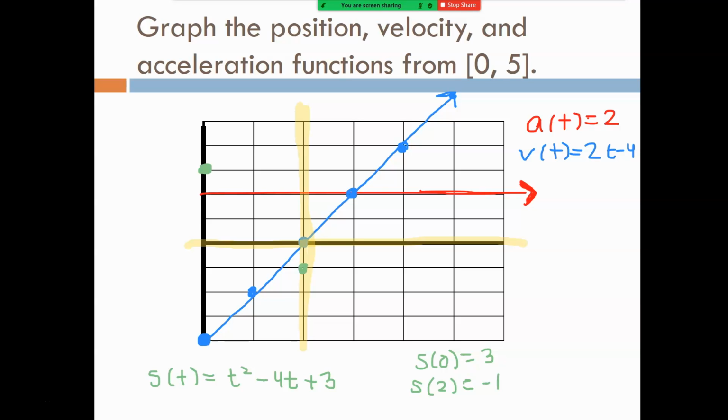And then we also found S of 5 and said it was 8. But the idea is there, right?